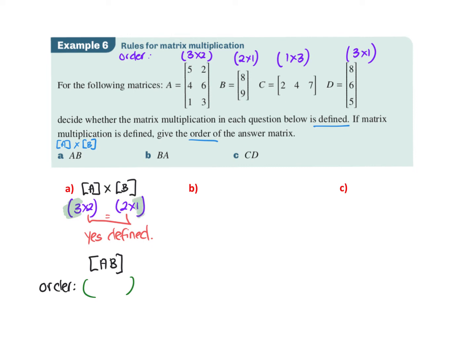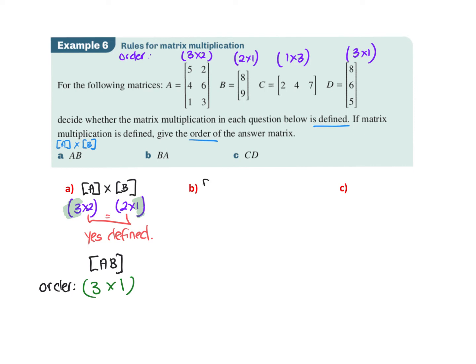So the number of rows of the first one, which is 3, and the number of columns of the second one. So my answer will be a 3 by 1. That's all we're doing today: making sure it's defined and what my answer would look like.